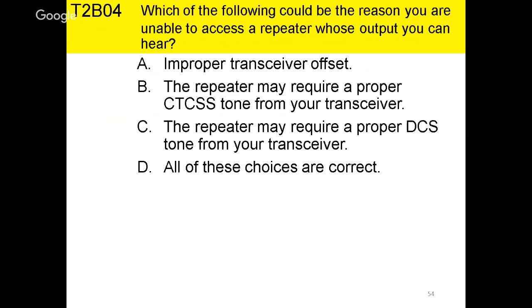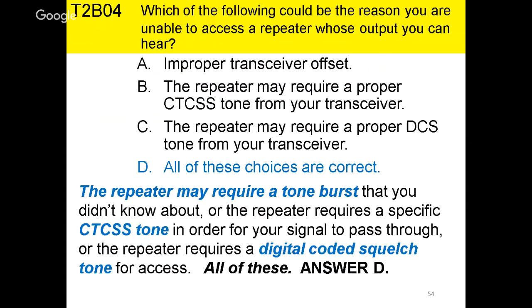So an improper transceiver offset could be a problem. The repeater may require a CTCSS tone, or continuous tone-coded squelch system tone, otherwise known as a PL tone or private line tone. The repeater may also require a proper digital coded squelch tone from your transceiver. Some repeaters use CTCSS and some use DCS, but all these choices are correct.